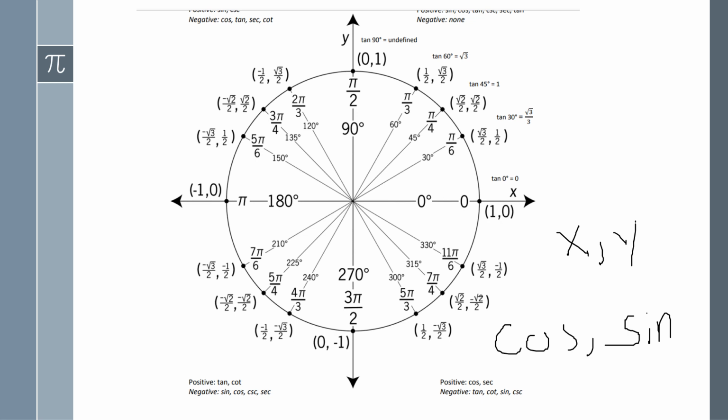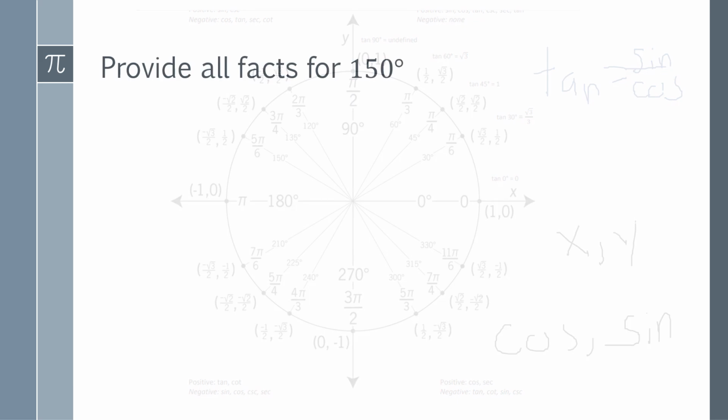And do not forget, tangent is made from sine over cosine. I need for you to keep that in mind. And that's all you need to have a good understanding of, so you could do this next part.